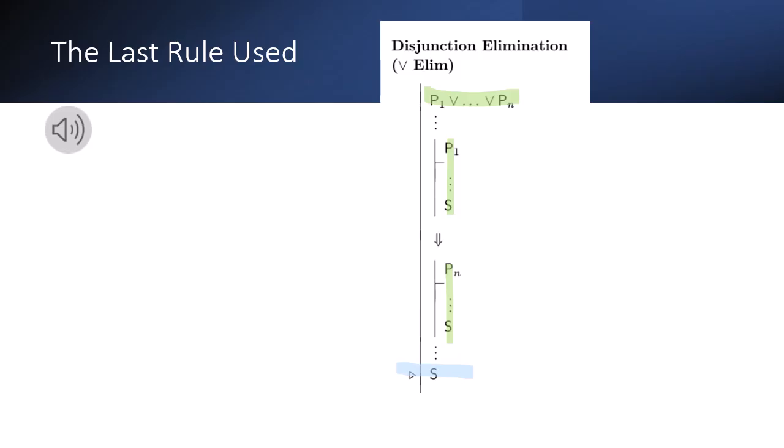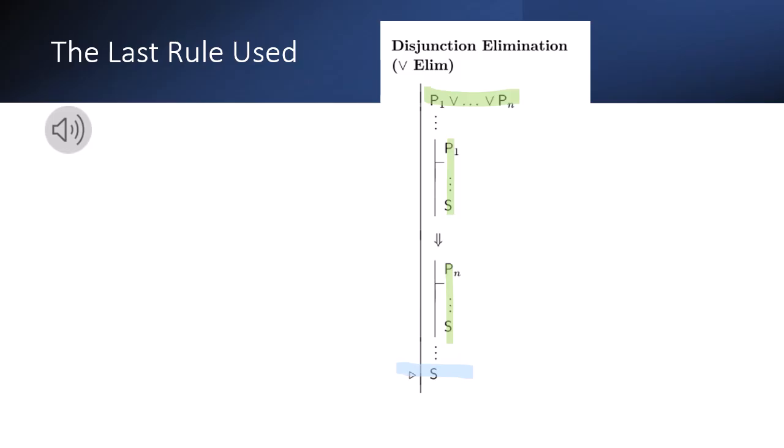So let's say it was maybe Pi. Now, this is really an argument by cases because it could have been P1, it could have been P2, it could have been all the way up to Pn. But let's just assume for the moment that it was one of these disjuncts, namely Pi.